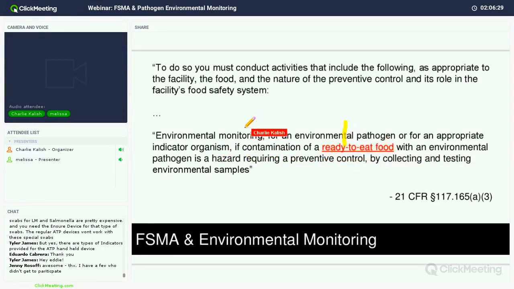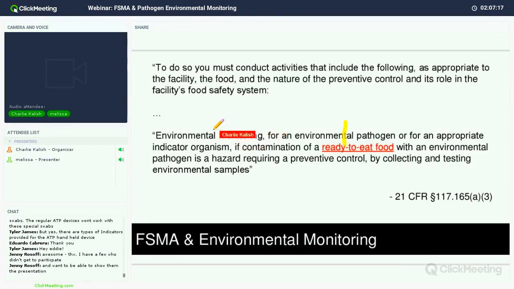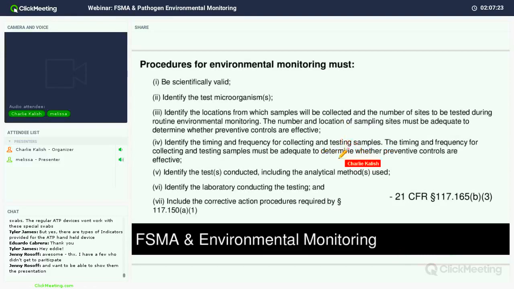So environmental monitoring, in short, is considered a verification method for a preventive control that prevents cross-contamination of ready-to-eat food before packaging. That's kind of a lot at once. And then here are the requirements. I put down the code right here so you can go see it for yourself. And this matches up very well with what we were talking about today for Listeria.